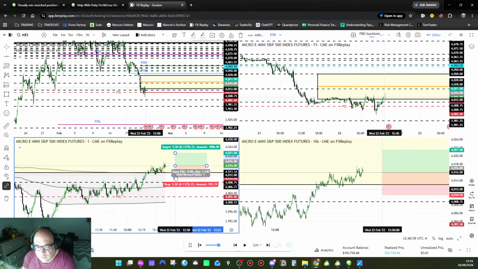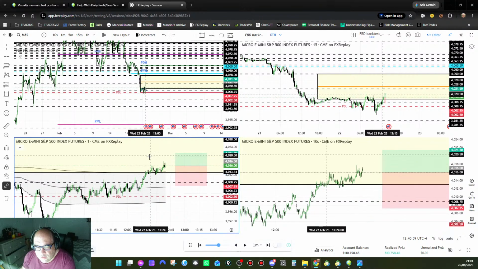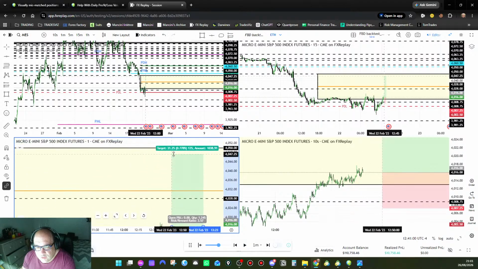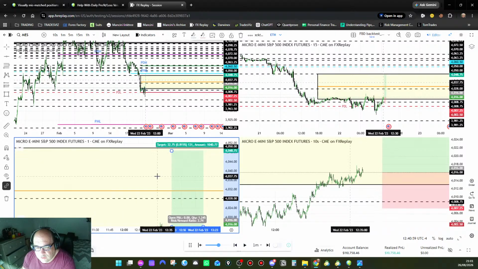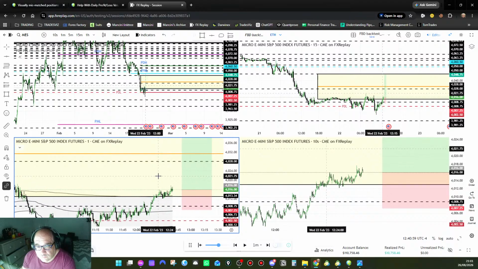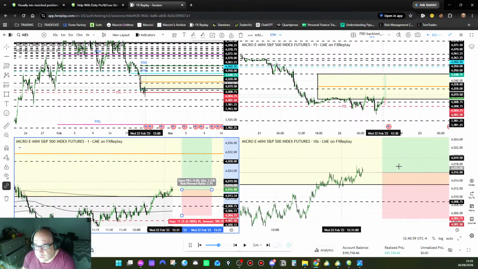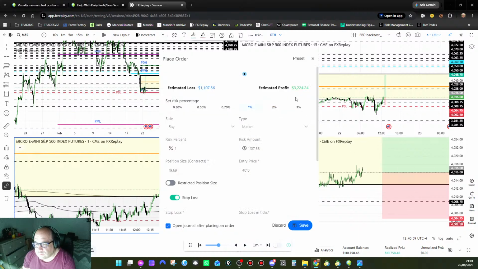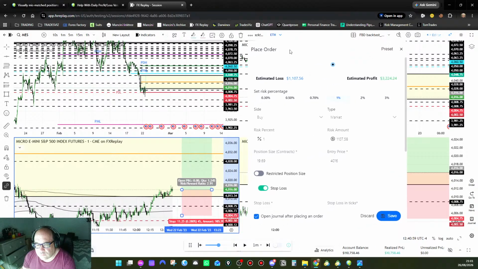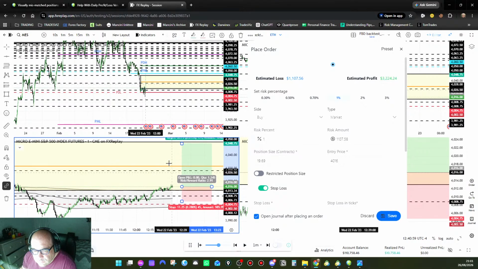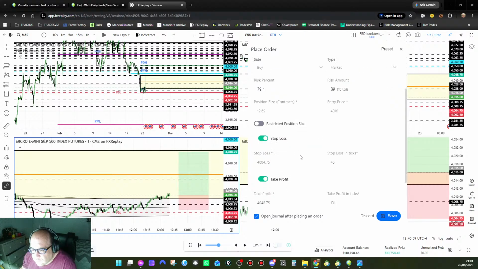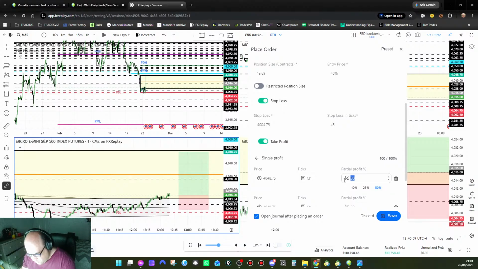Okay, that stop is below this low. So I'm gonna cover all the way to the upside. 3.7 R. I could possibly push it a little bit below the VWAP, maybe just for a little bit more safety. 2.9 R. Stop loss, take profit, 90% is there.